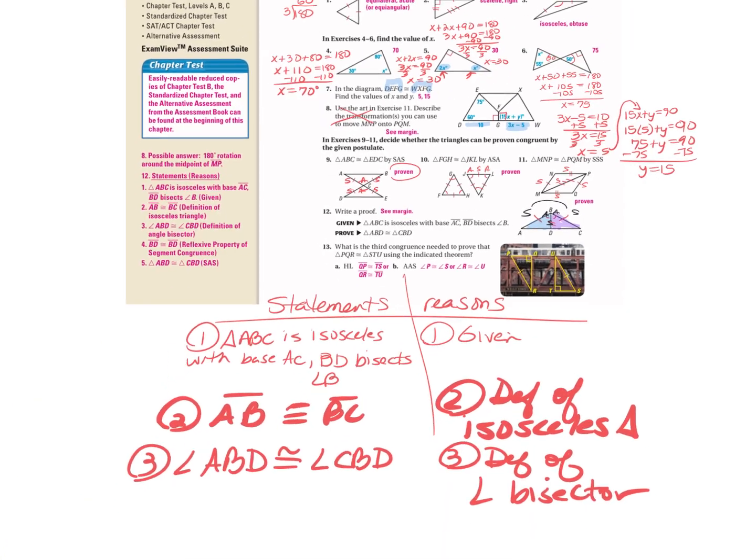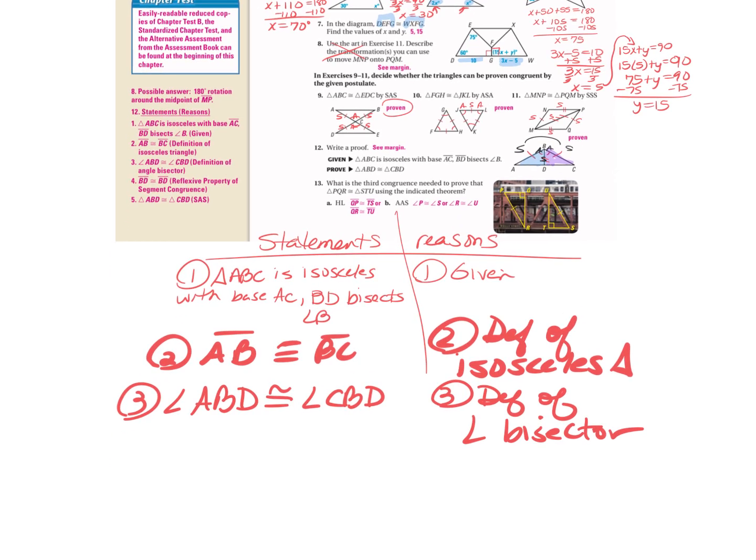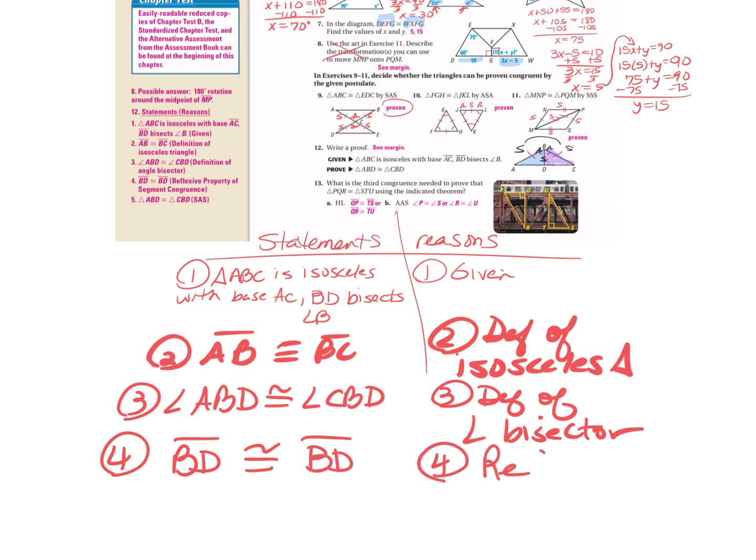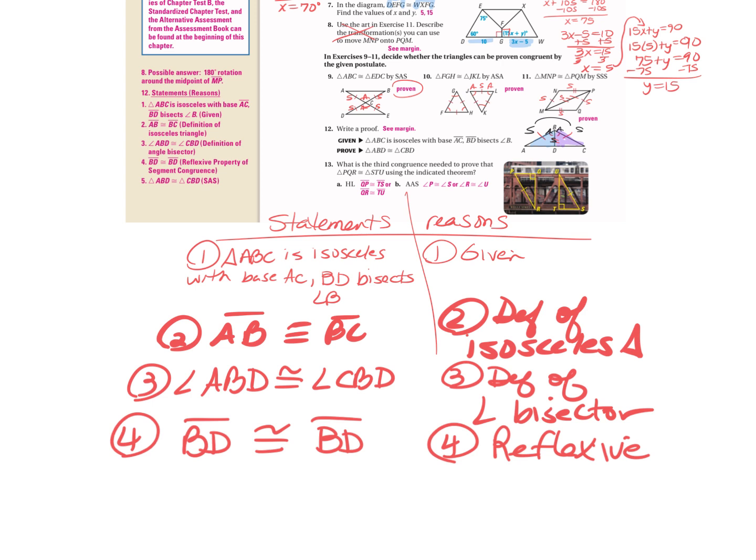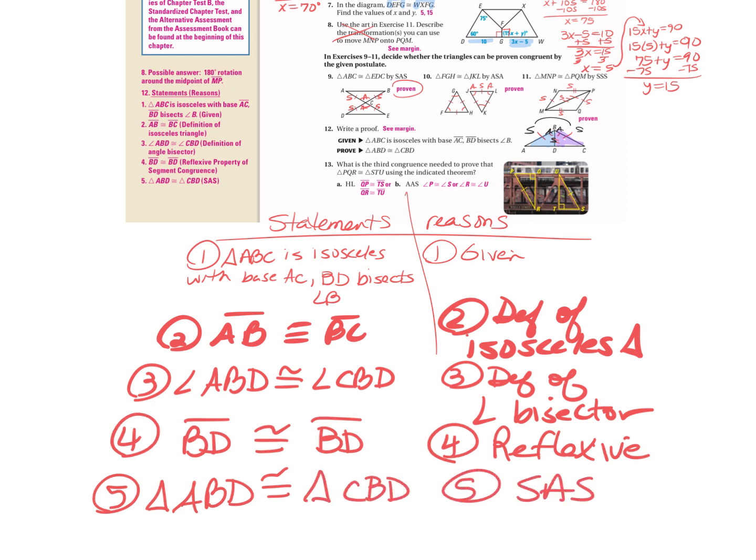So my next statement is going to be that reflexive side, that BD is congruent to BD, reflexive, and then now I can state what they asked me to prove, and my reason is side, angle, side. So they asked me to prove that triangle ABD is congruent to triangle CBD, and this is side, angle, side.